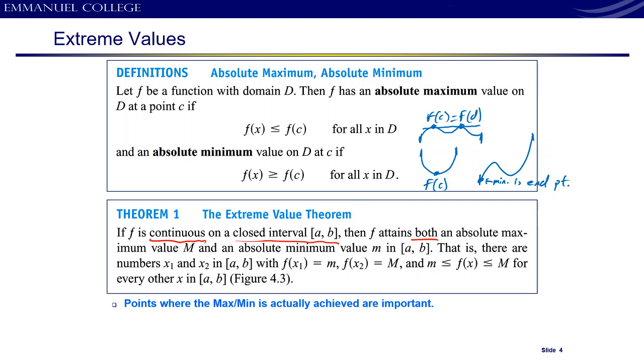So you need to know what's the maximum and what's the minimum output of this. The fact that you have a closed interval is very important, because you are saying within this time frame, I definitely can say that it attains a max and a min as long as the function is continuous.